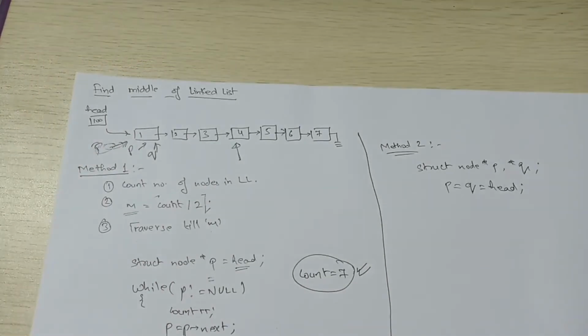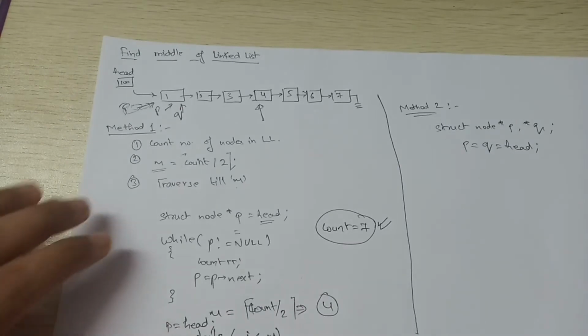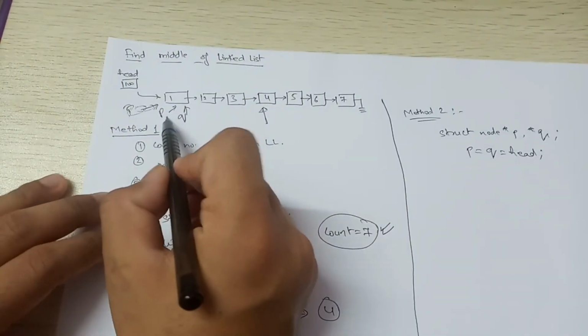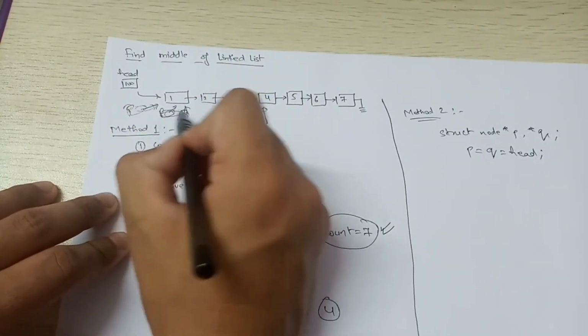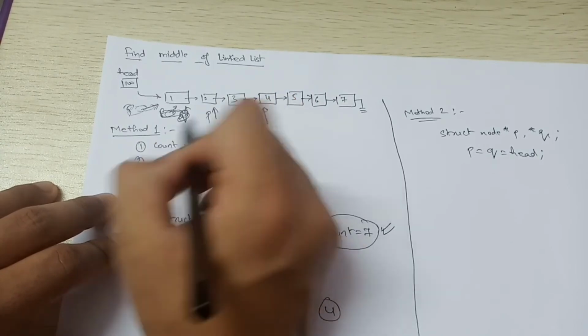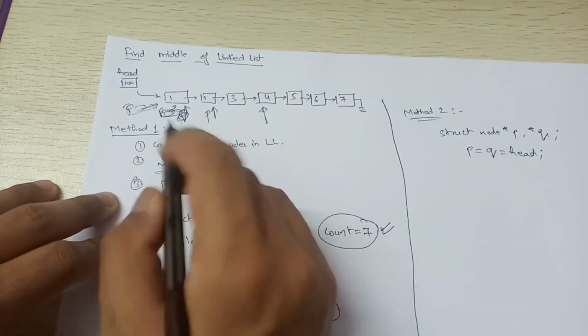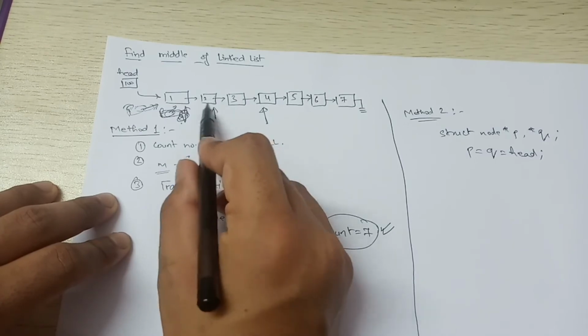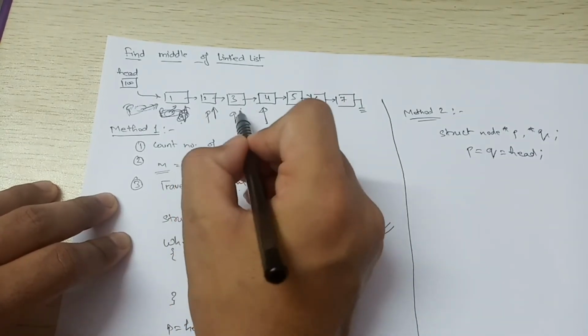Now the idea behind this solution is you have to increment one pointer 1 time and another pointer 2 times. Now p is here, so you will increment p, so p will point to this. Now you have to increment q 2 times, so q will start pointing to this node.